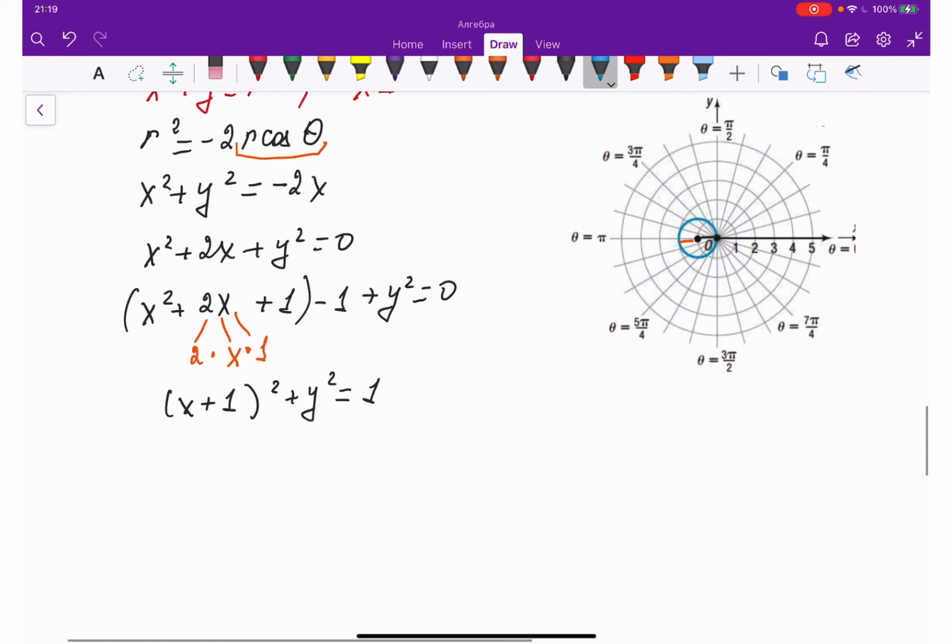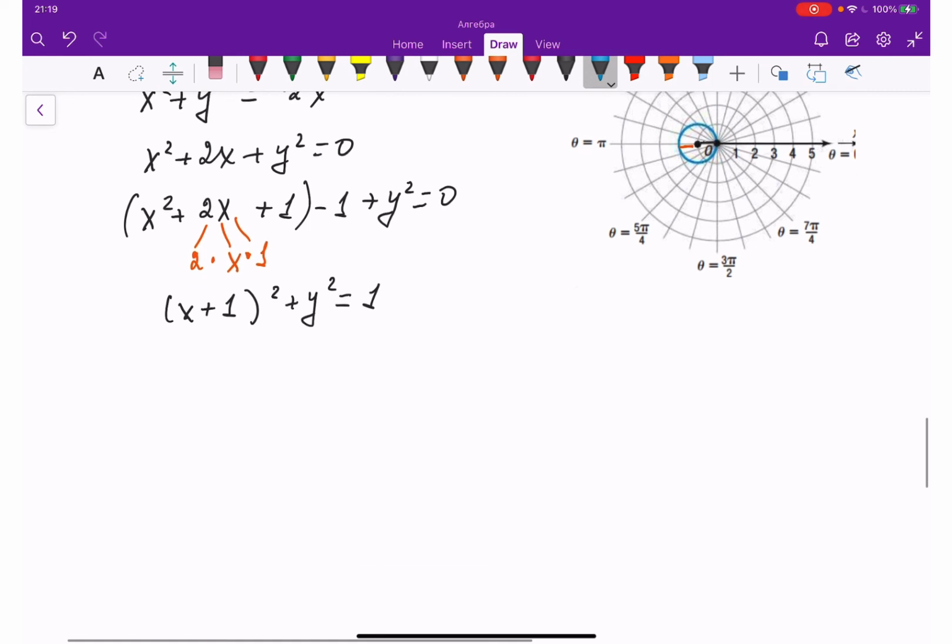So tomorrow I will prepare a video for testing polar equations for symmetry, because it makes our life easy. If the graph is symmetric, when you build one side, the other side you can build automatically based on symmetry, right? So the next video is going to be very interesting.